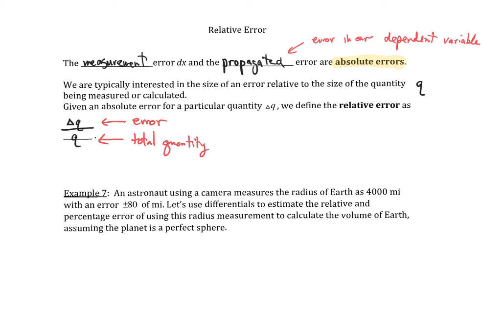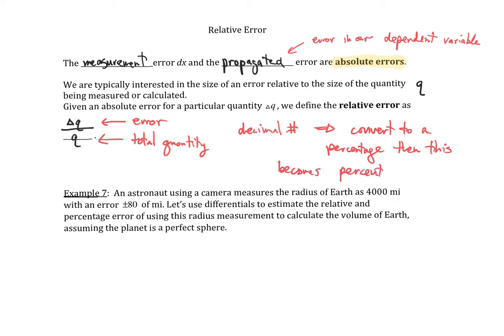When we divide this, this is going to give us a decimal number. And if we convert to a percentage, then this becomes something we call percentage error.